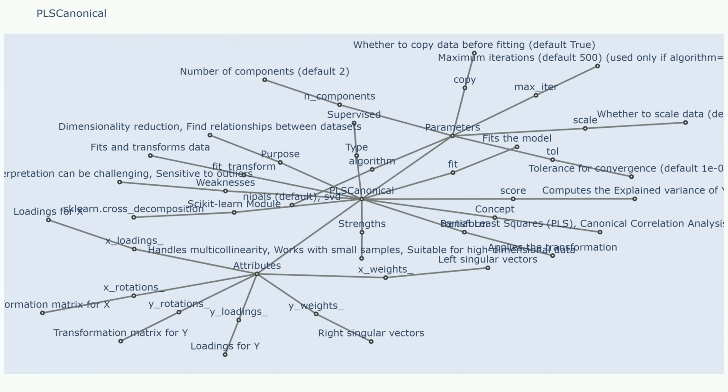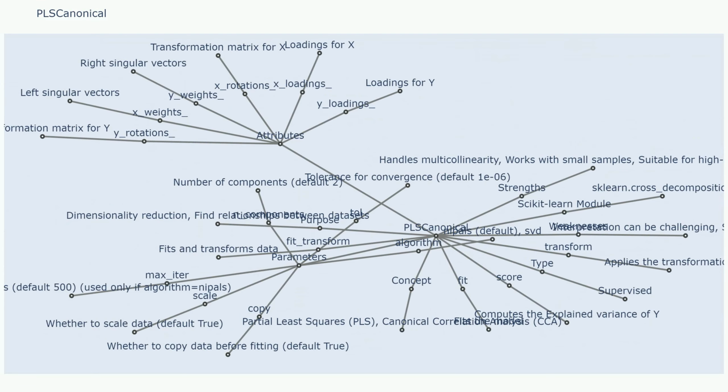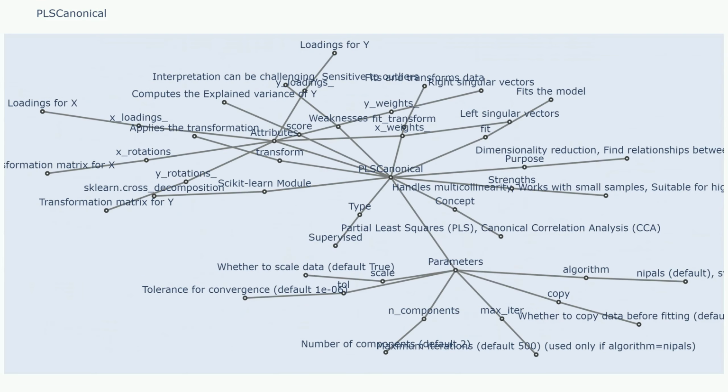2. Working mechanism. 1. Initialization. The algorithm starts with initial estimates for the latent variables. 2. Iteration. It iteratively refines the LVs by maximizing the covariance between the corresponding projections of X and Y. 3. Projection. At each iteration, the data is projected onto the current LVs, resulting in new scores for each dataset. 4.